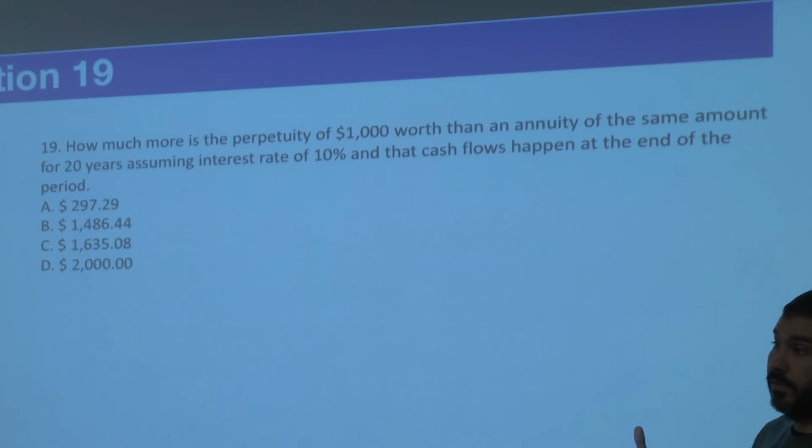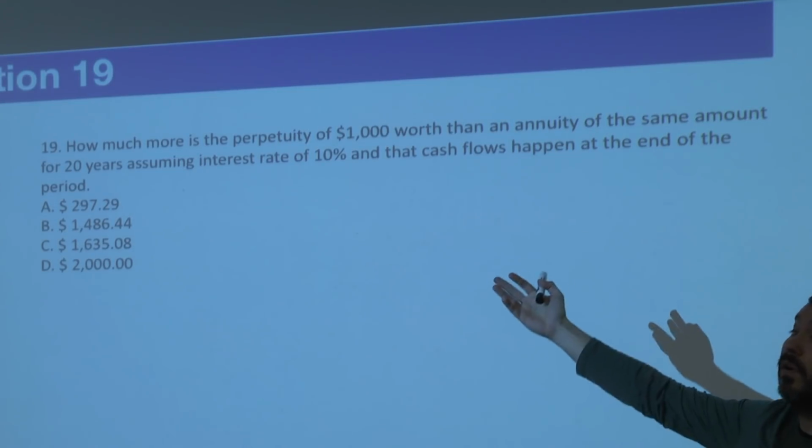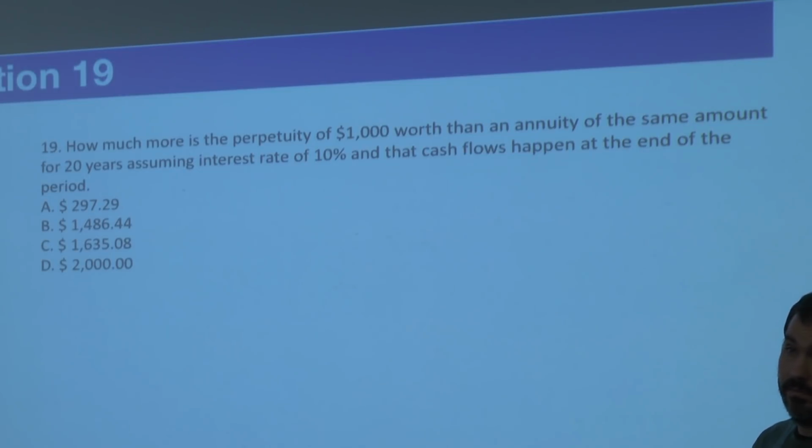How much do they differ in value? It's basically implicitly telling you the value of those extra payments happening more than 20 years from now. Because they both make the same payments for 20 years. One of them keeps going, the other one doesn't. So, the difference will be the value of the extra payments.